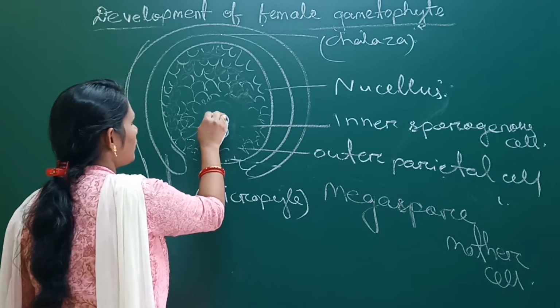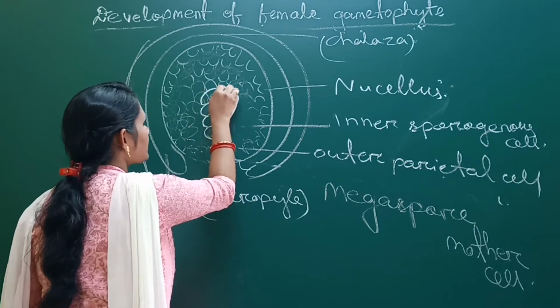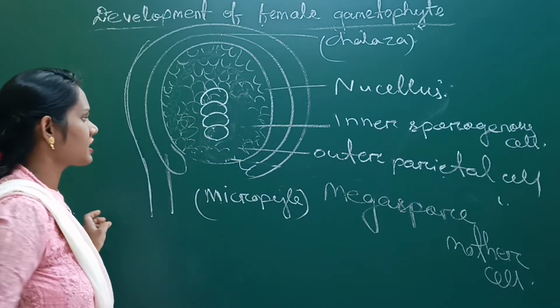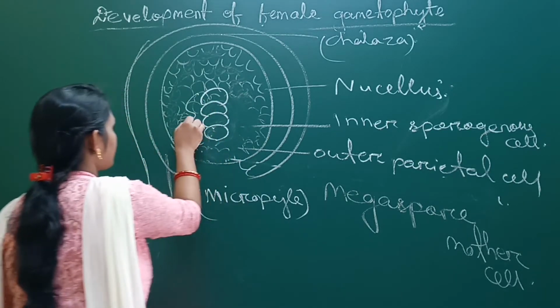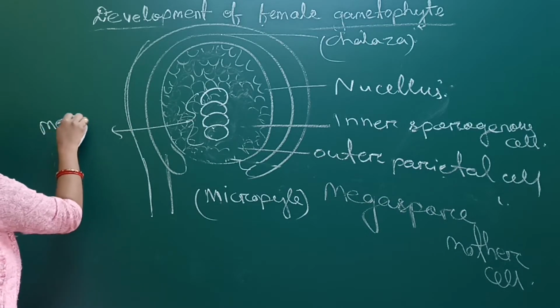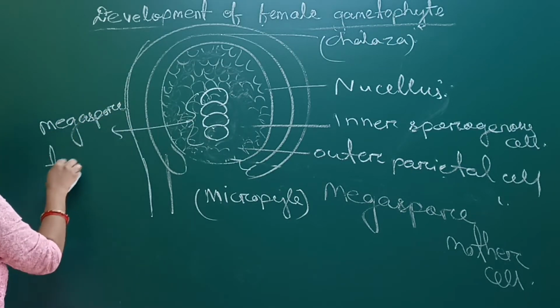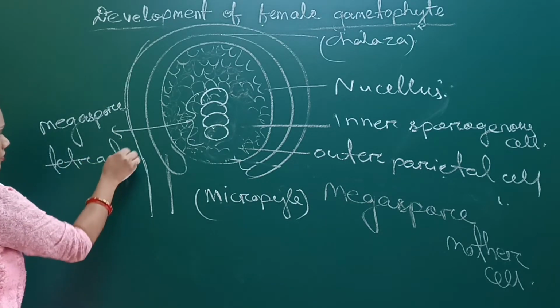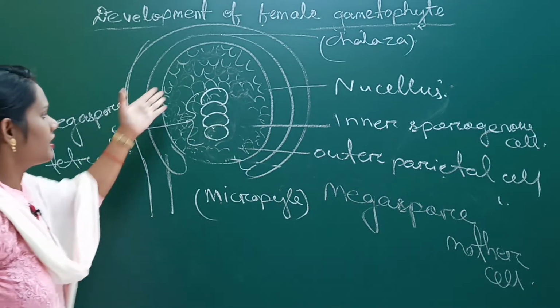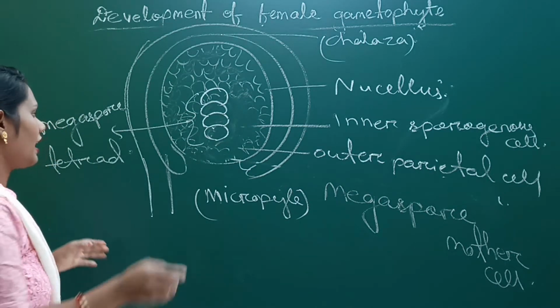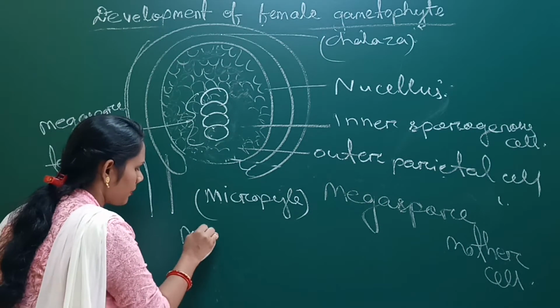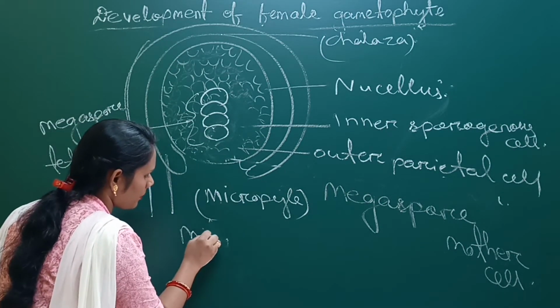This megaspore mother cell divides into four megaspores, that is the megaspore tetrad, which are arranged in a linear vertical row, and this division occurs by meiosis.